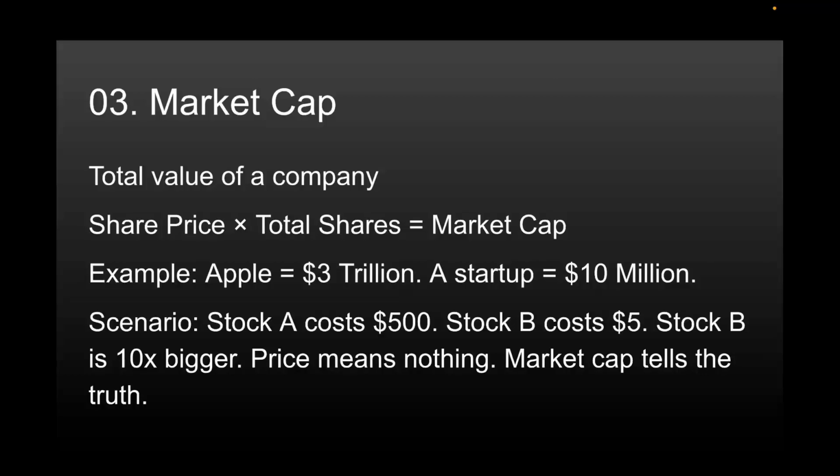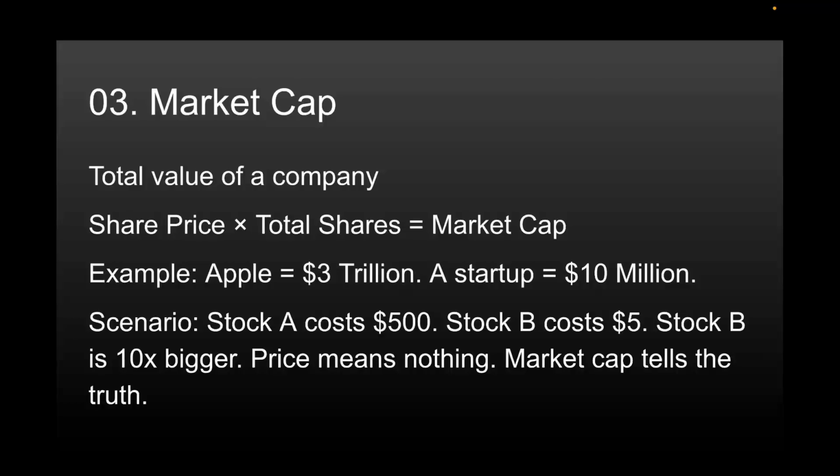Now you would assume stock A is a bigger company, right? But you're wrong, because if stock B has 1 billion shares, its market cap is $5 billion. If stock A has 1 million shares, its market cap is 500 million. Stock B is actually 10 times bigger. So price alone tells you nothing. Market cap tells you the real truth.